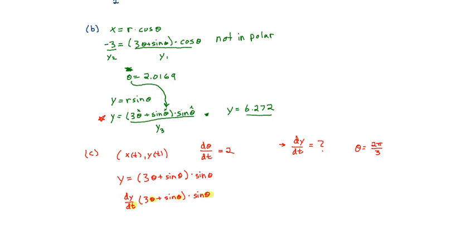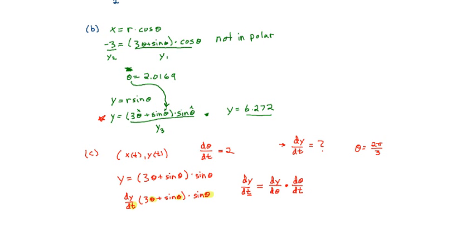So the derivative of y with respect to t, when we take that derivative, we're going to take the derivative of y, and y is in terms of theta, so we first have to take the derivative with respect to theta, but then we have to multiply by the derivative of theta with respect to the variable we actually want, which is t. That's the chain rule there, technically.